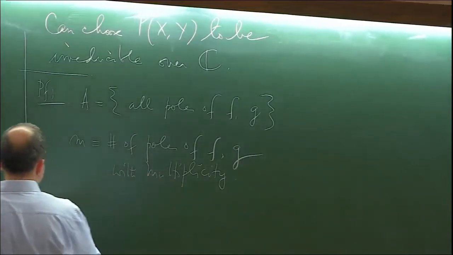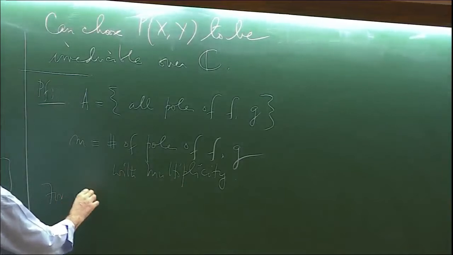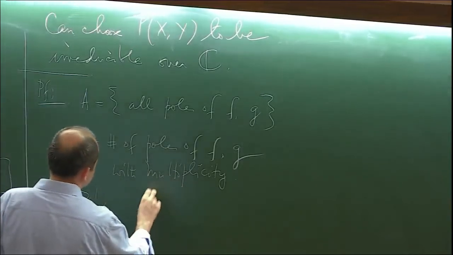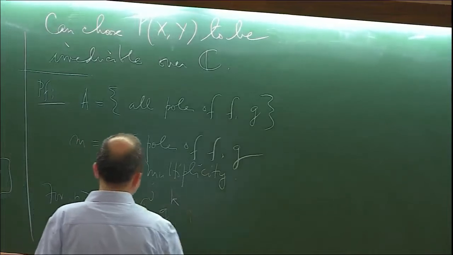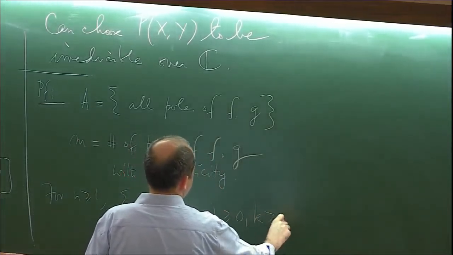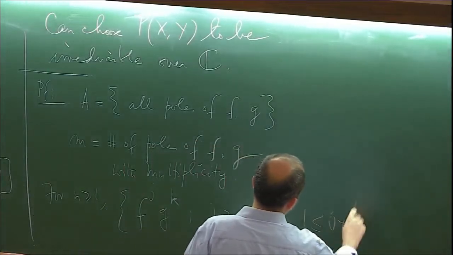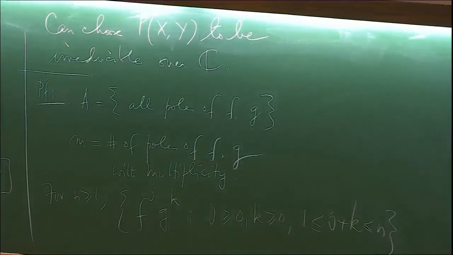So what we do is consider the following collection of functions. For each n, consider f to the j times g to the k, looking at powers where j and k are both non-negative and their sum is at most n. You look at monomials of this kind.